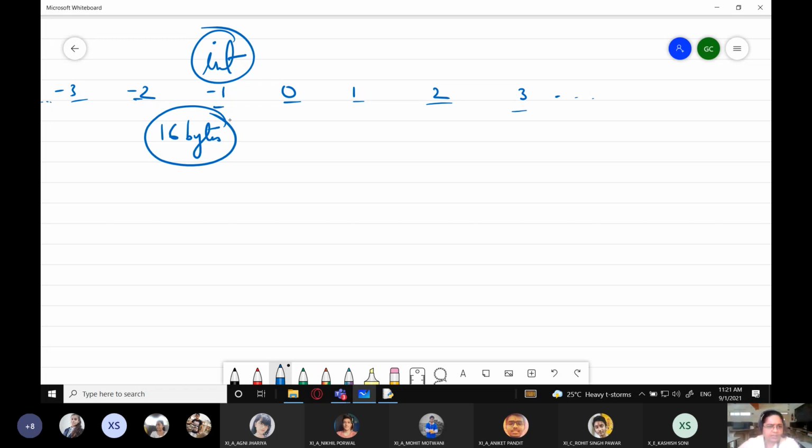But I just give you an idea that one integer value takes up 16 bytes to be stored in the memory, whereas one string value or one single character like A will take up only 1 byte. And if it is a string like welcome, just count the number of alphabets: 1, 2, 3, 4, 5, 6, 7, 7 bytes.